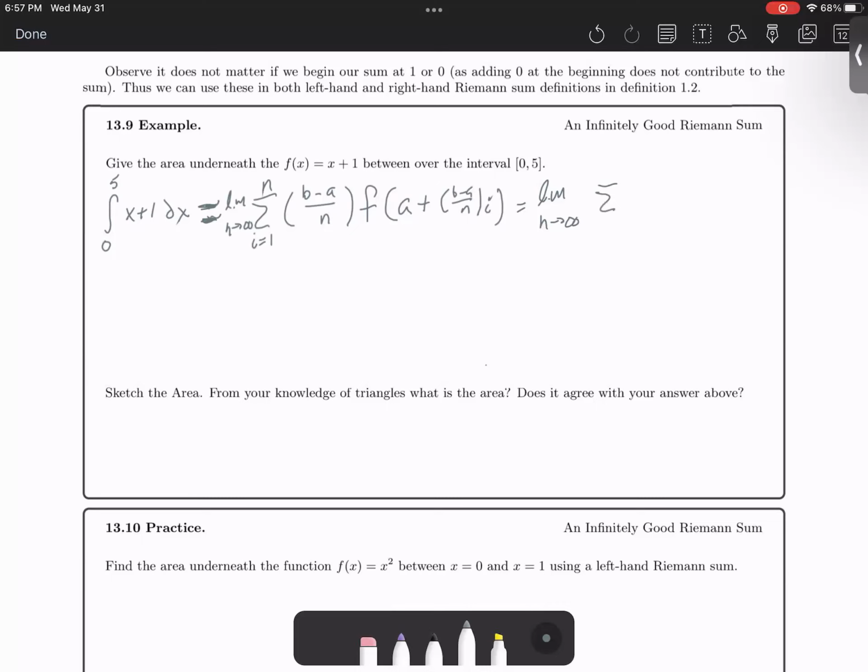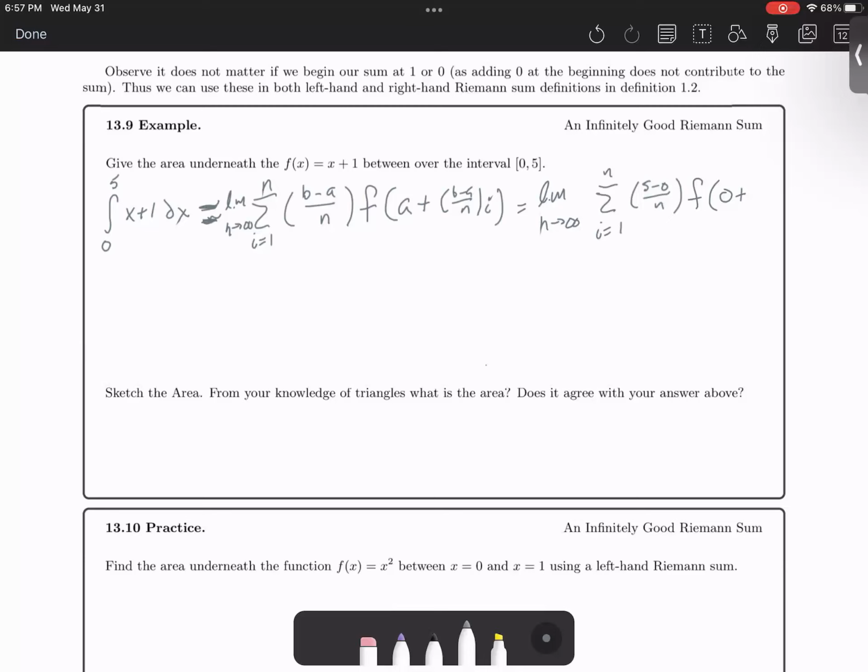Let's leave the sum alone. Let's tell ourselves what b minus a over n is. So that would be 5 minus 0 over n. And let's tell ourselves what happens if we plug, actually, let's not plug that into the function just yet. a is 0 plus b minus a over n times i.